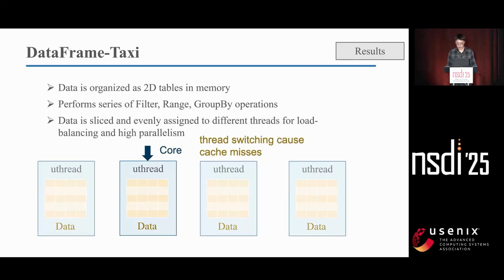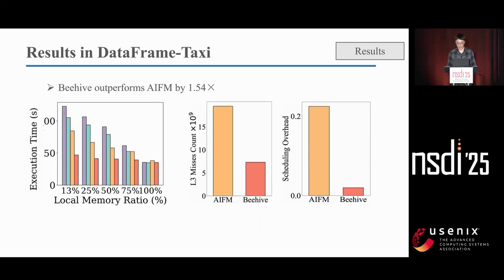Therefore, a thread switch will change the working set of the current processor core and cause a large number of cache misses. Beehive can reduce the thread switches and outperform AIFM by 1.54 times because it reduces the last level cache misses and the scheduling overhead.